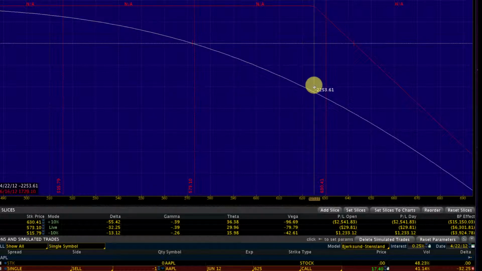However, again, if Apple continues to go up, then the seller is exposed to unlimited losses. But I want to zero in on this area here, and this is really where a seller of options stands to benefit from taking this kind of position. If the seller sold the 625 call, in simple English terms, the buyer is buying a right to buy this stock at the price of 625.